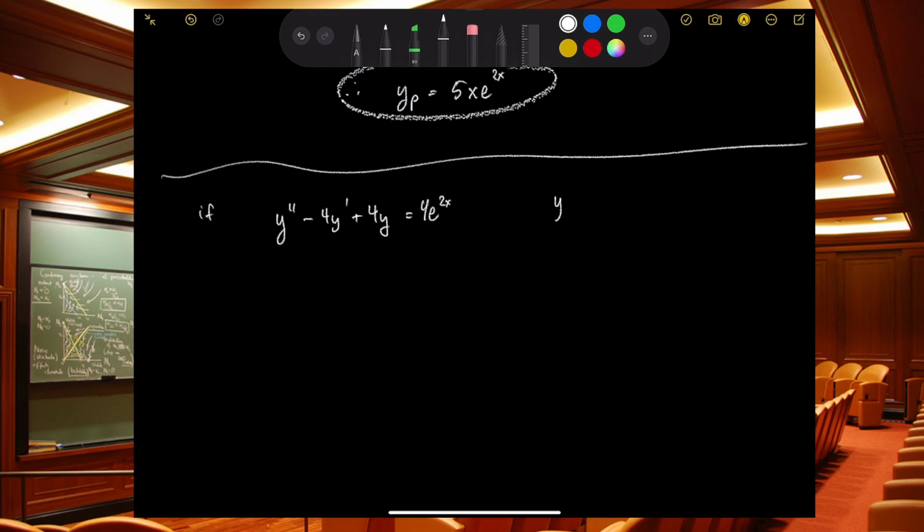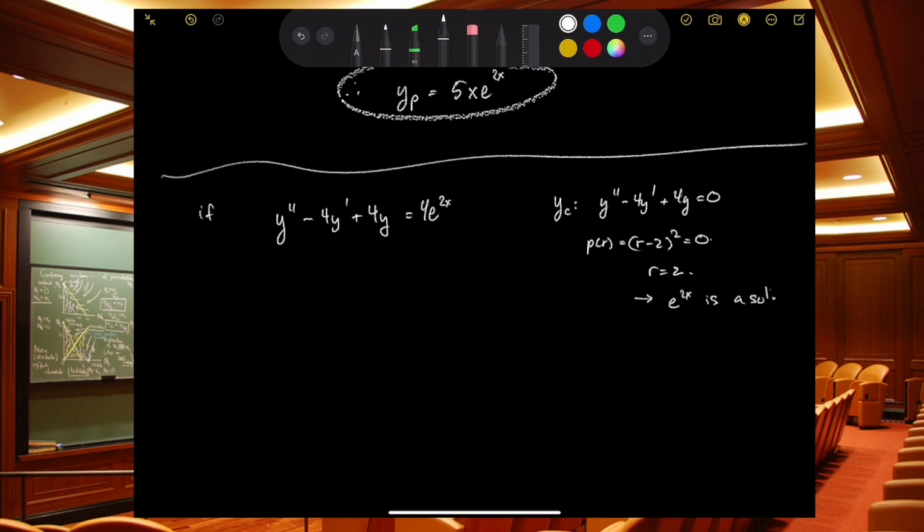Well, we see that for the complementary solution, we look at the complementary equation, our polynomial is r minus 2 squared, and if we set that equal to 0, we get r equals 2, which tells us that e to the 2x is a solution, and it's a repeated root with r.